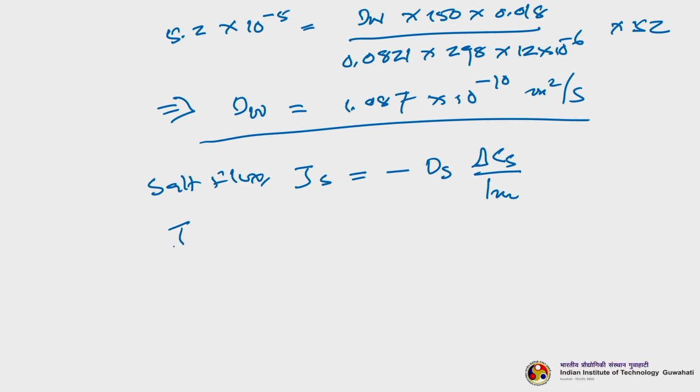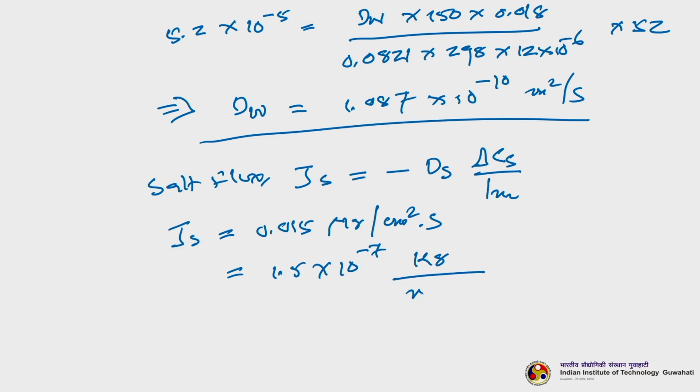So, Js is given as 0.015 microgram per centimeter square second, or we can write 1.5 into 10 power of minus 7 kg per meter square second, correct.